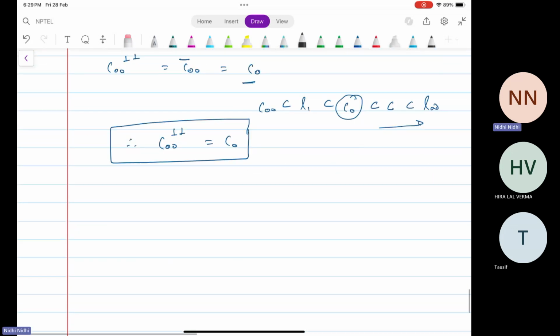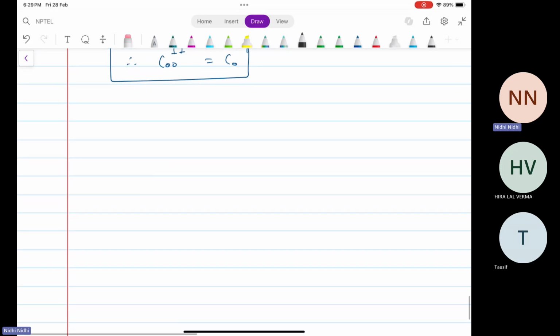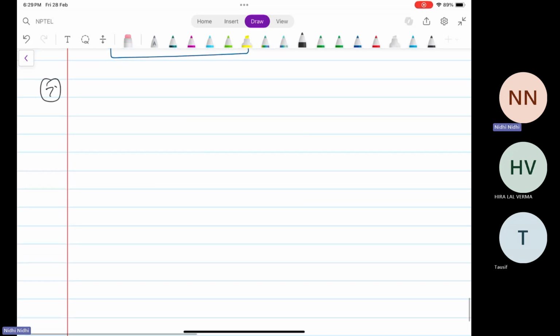Let's move to the next question, question number 7. Let V be a Banach space.